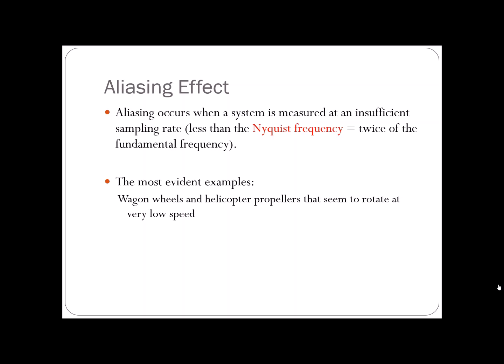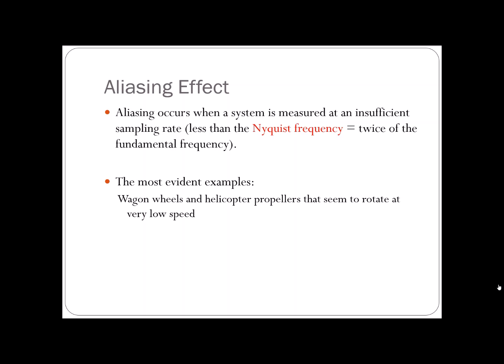I will give you a more detailed insight about this concept of aliasing, but just to give you an overview of what aliasing looks like, sometimes you might see, when you are looking at a helicopter, the blades, the propellers of this helicopter, which is rotating at very high speed.